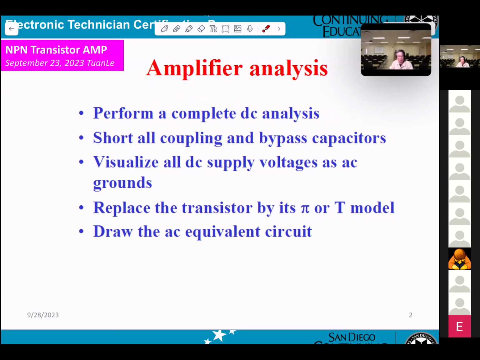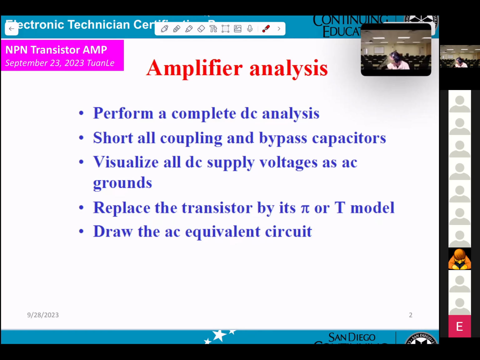So the capacitor will be shorted for AC. Visualize the DC supply voltage at AC ground. So that's why in the AC you don't see any more DC voltage. They are shorted to ground. Replace the transistor by its pi or T model. They get a different model for AC. Draw the equivalent circuitry for AC.